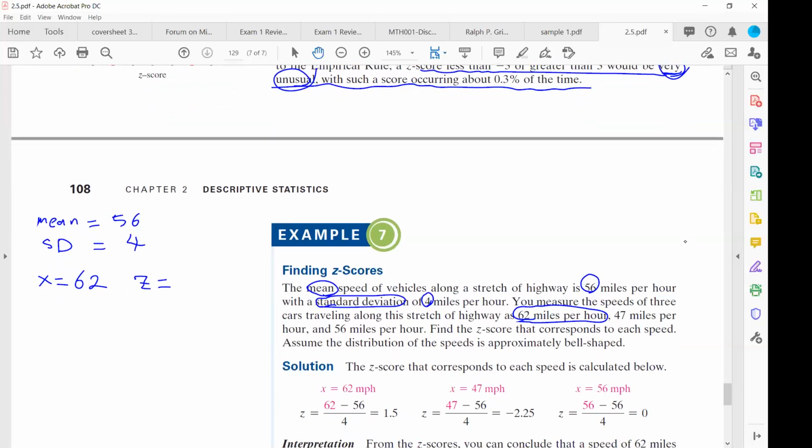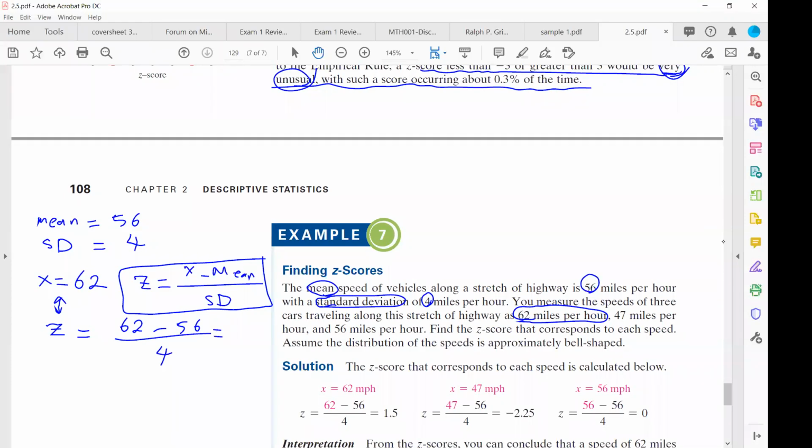So we know that Z is X minus mean, we memorize this formula, divided by standard deviation. So Z of 62 is 62 minus mean divided by standard deviation.